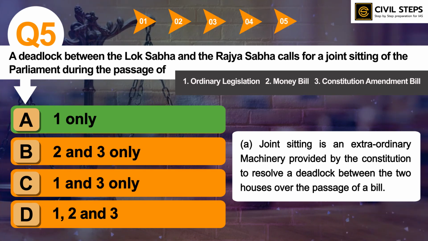What if speaker is not available for presiding the joint session? So you should know all about this stuff. You should also know about ordinary legislation, how it is passed, what kind of majority is needed for ordinary legislation, and likewise you can also read about money bill and constitutional amendment bill.